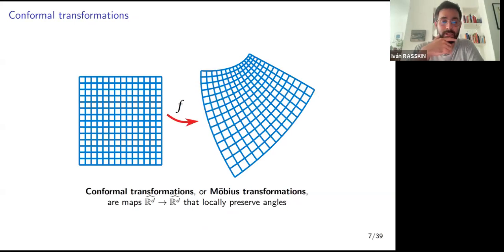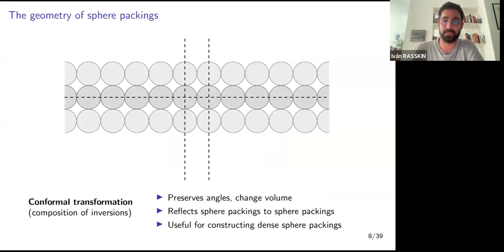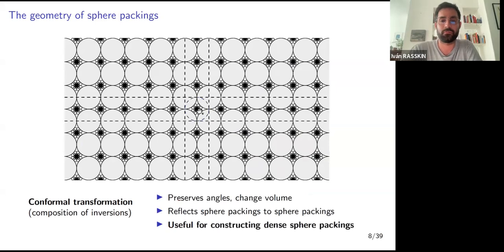These inversions generate the group of Möbius transformations, also called the conformal transformations, that preserve locally the angles. So if we add now these spherical reflections to the same setting that we had before, we can use this mirror to fill more densely the space.